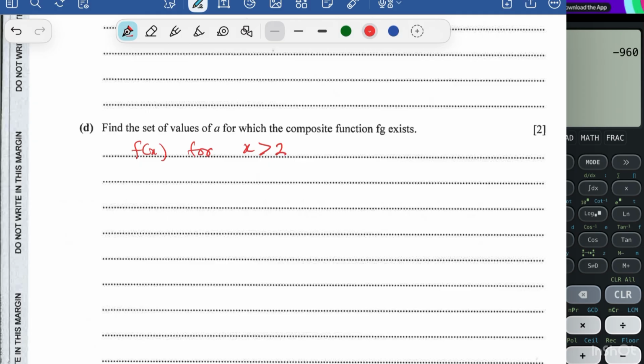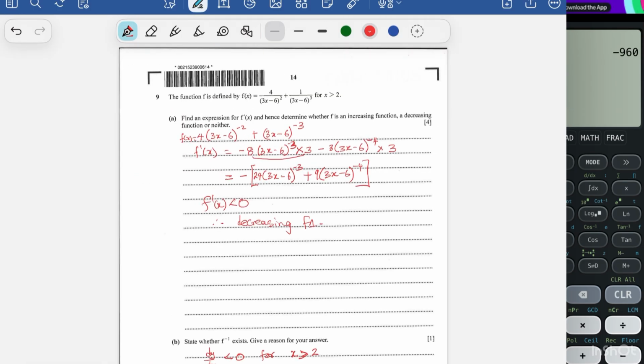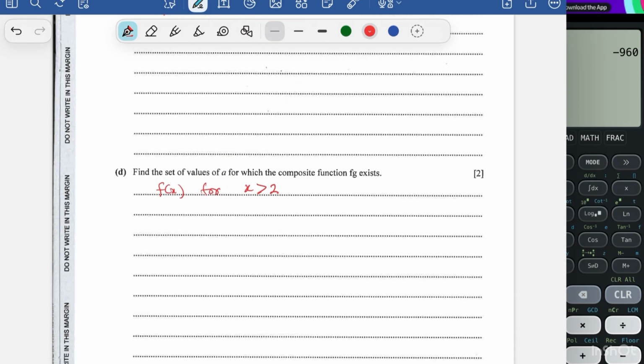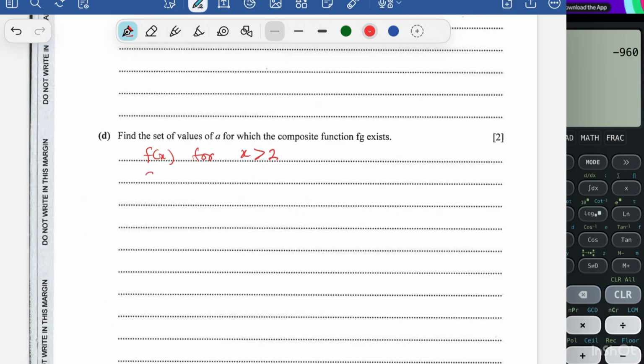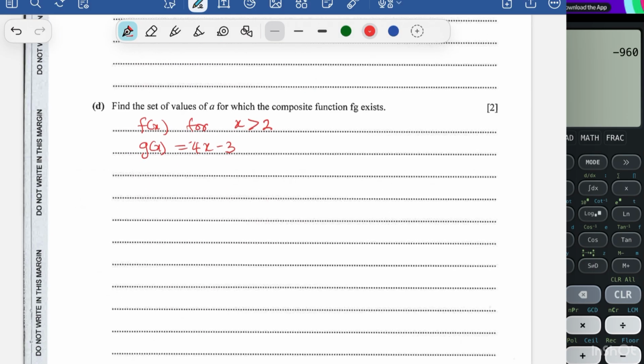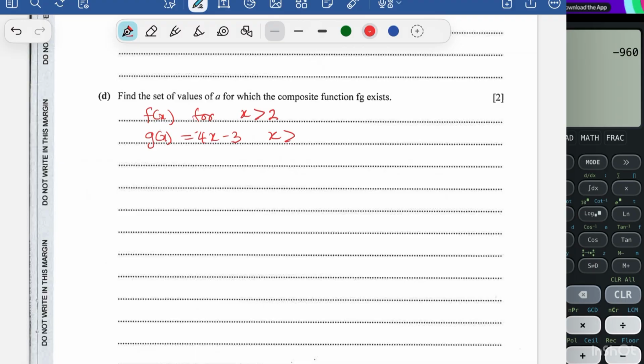This is what we know because they told us x should be greater than 2. Now, g of x, they told us, which is 4x minus 3, right? They told us this should be greater than a. This is only possible when x is greater than a.